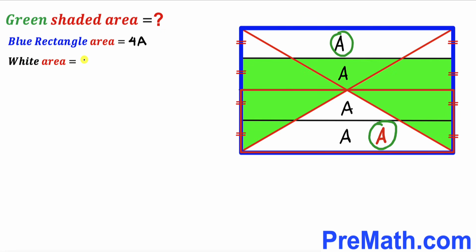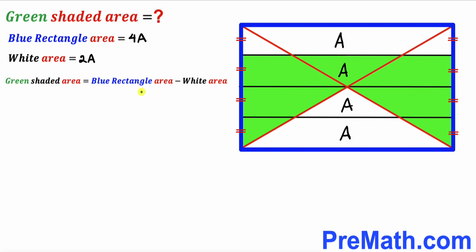So the white area is simply 2 times uppercase A. And here's our final step.